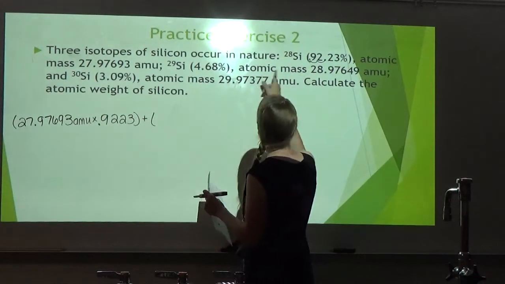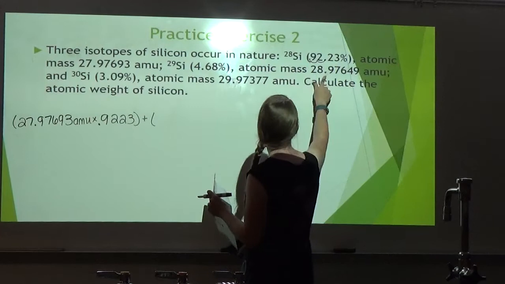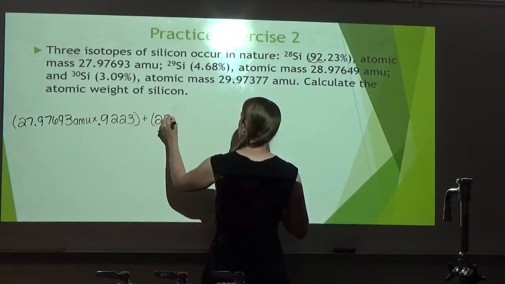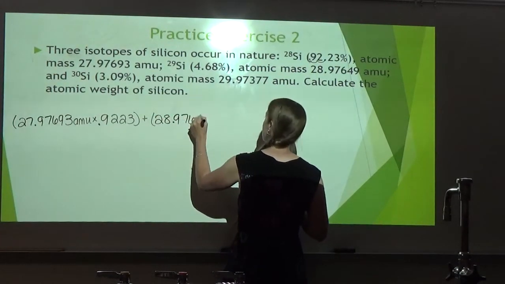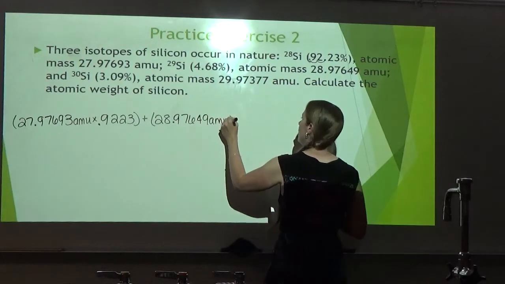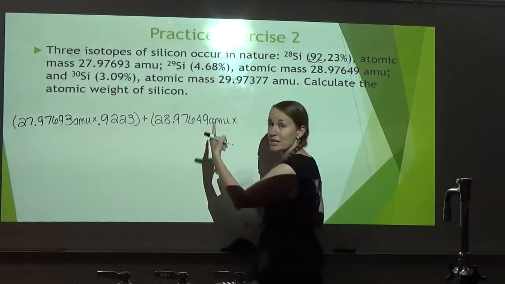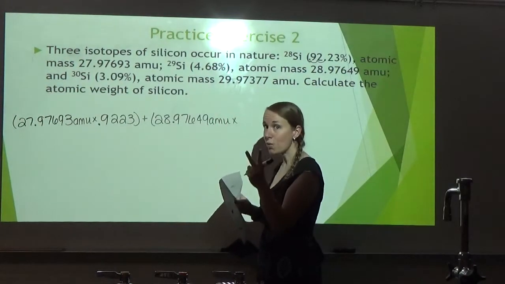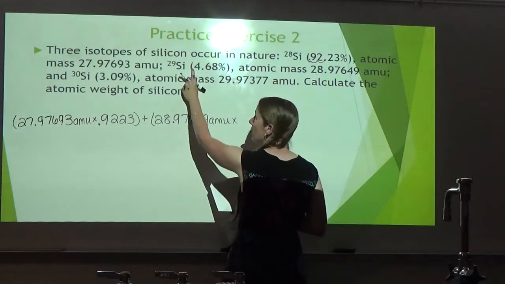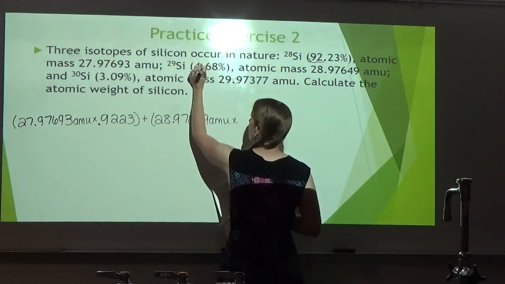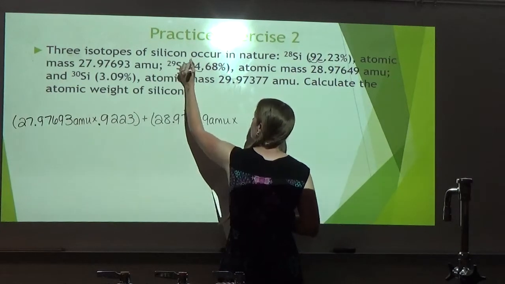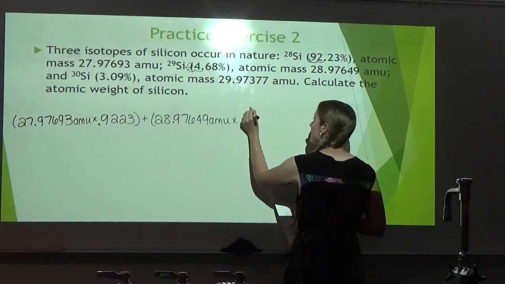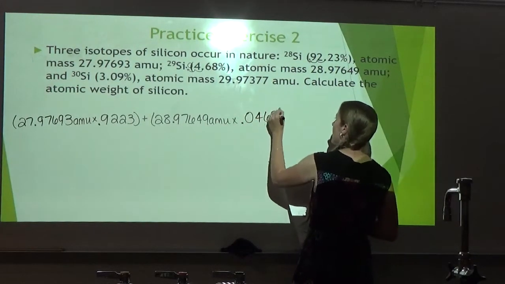All right, then I do my next one. So my next mass, let's see, is 28.97649 AMU. I'm going to multiply that by its percentage as a decimal, but remember you move the decimal twice or divide by 100. A lot of you just want to put the decimal in the front, but you have to move it over 2 spots. So I'm going to multiply by 0.0468.